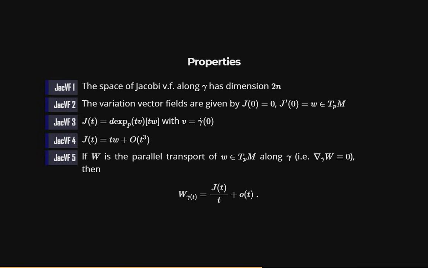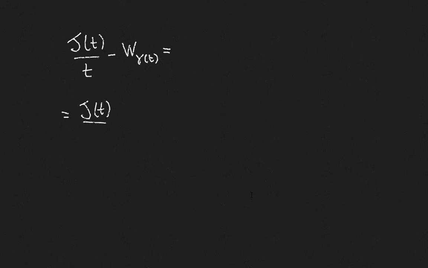The reason is easy. Consider J(t) over t minus W at gamma t, and compare these: add and subtract the value at gamma 0.